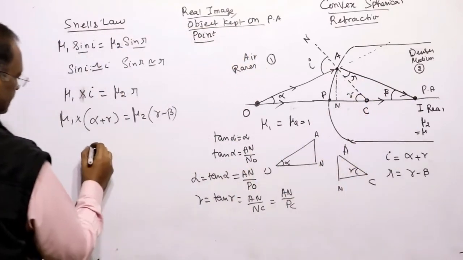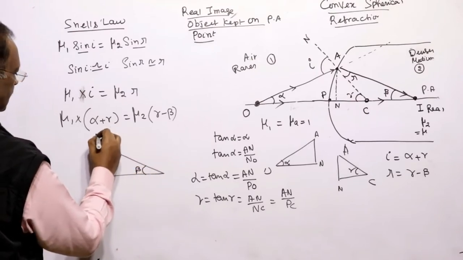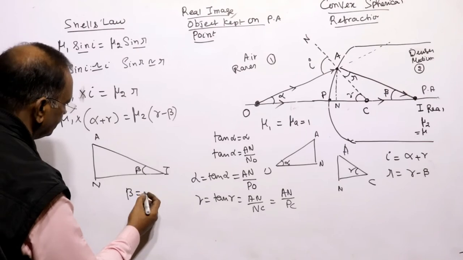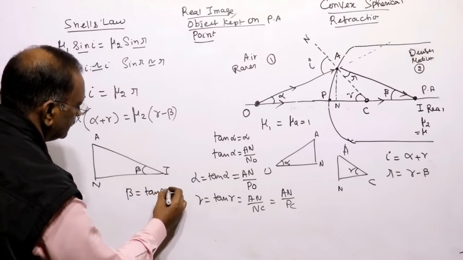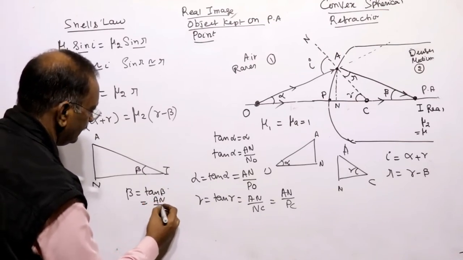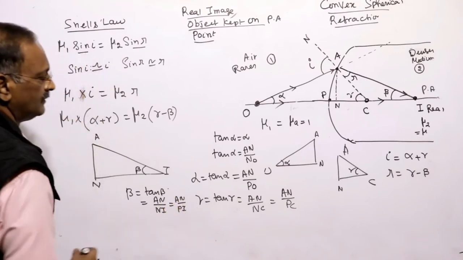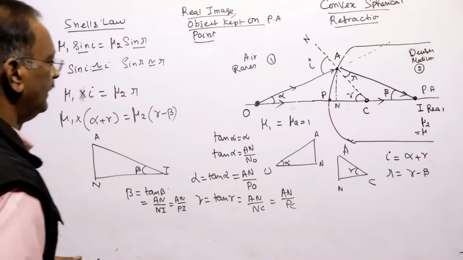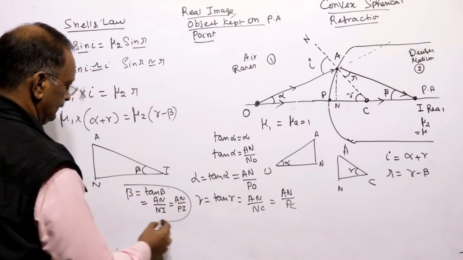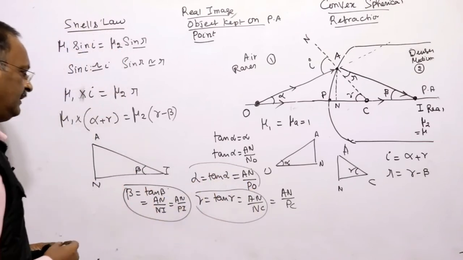Here this is A, this is N, this is I. So tan beta is equal to AN by NI, or we can write AN by PI. So we have written everything for alpha, beta, and gamma.